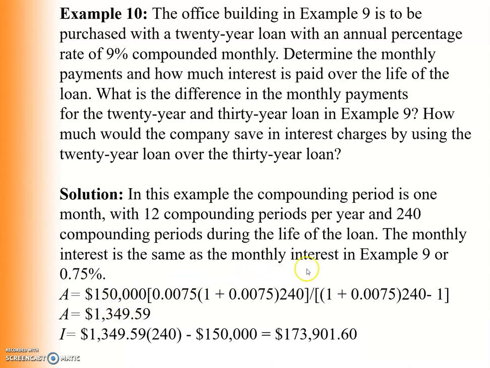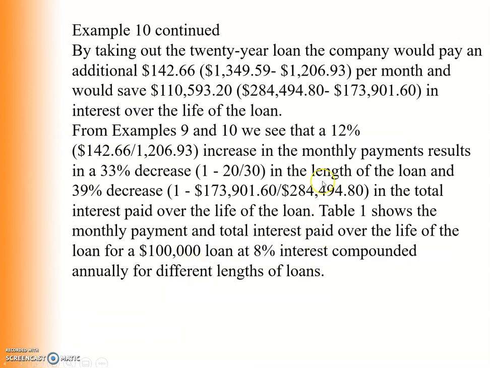You can calculate these percentages yourself, because compared with the previous case the payment is 12% higher, and the interest amount is 39% lower. So this is what I have just said: 12%, 33%, 39%.